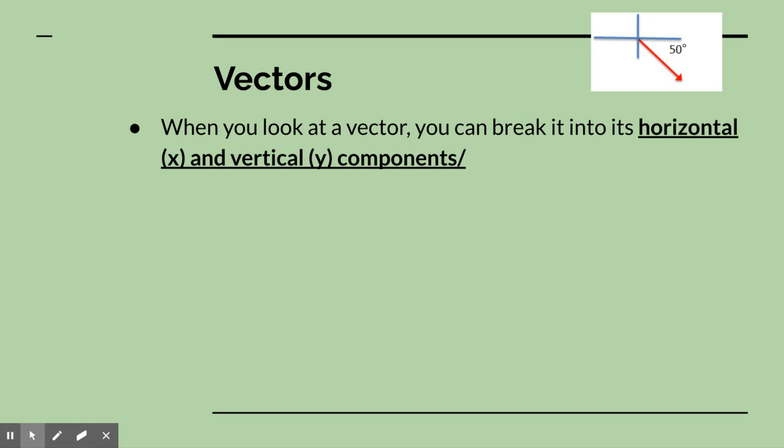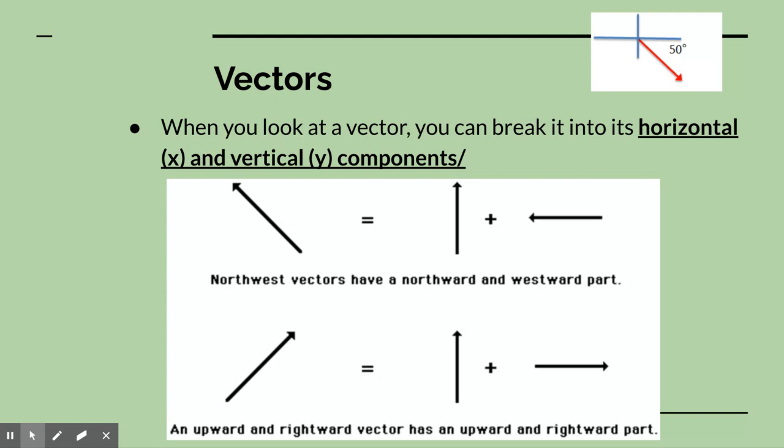When you look at a vector, you can break it into its horizontal and its vertical components. This is more or less putting together the direction of a vector. Northwest vectors both have a northward and a westward part, and any upward and rightward vector is going to have an upward and rightward part.